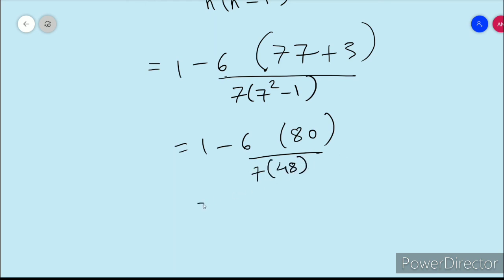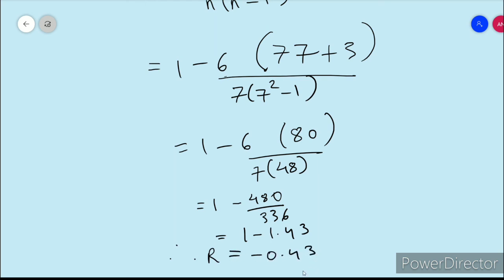And what we get is 1 minus 480 over 336. 6 into 80 is 480, and 7 into 48 is 336. So if we divide 480 by 336, we get 1.43, and we subtract, we get minus 0.43. So this is again a weak negative correlation.